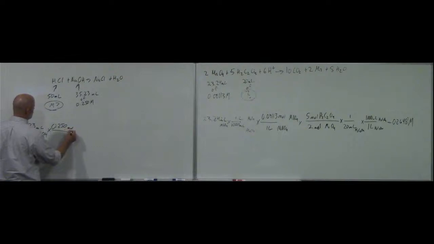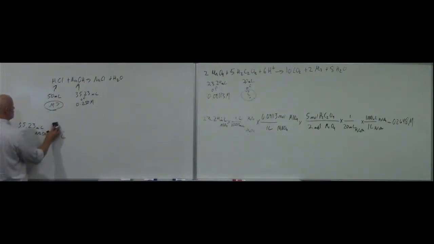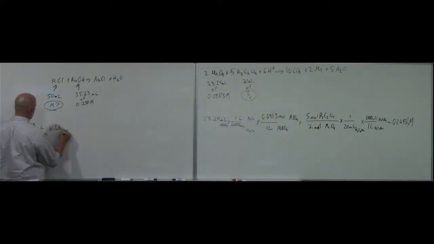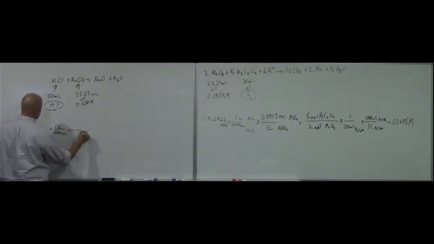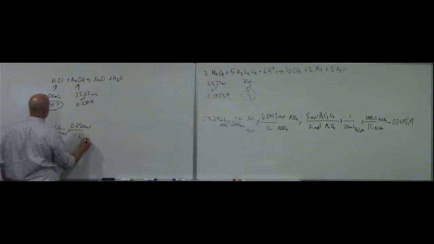Oh, I skipped a step, didn't I? You need me to convert this to liters. So we'll go 1 liter over 1,000 milliliters. Now I can come in with my moles per liter, 0.250 moles over 1 liter of NaOH.